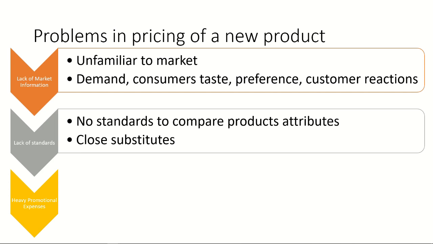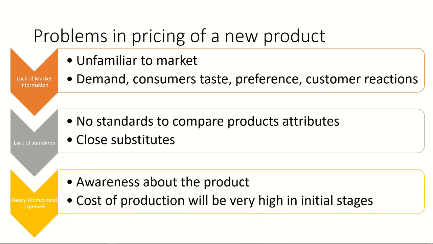So the cost of production will be very high at the initial stages, and we cannot charge this high cost during the initial period. So this heavy promotional expense is another problem in determining the price of the product.